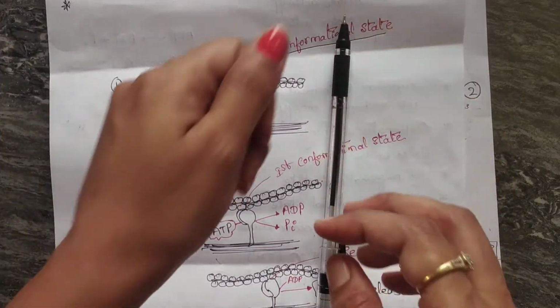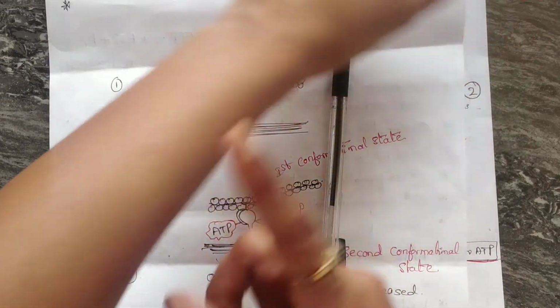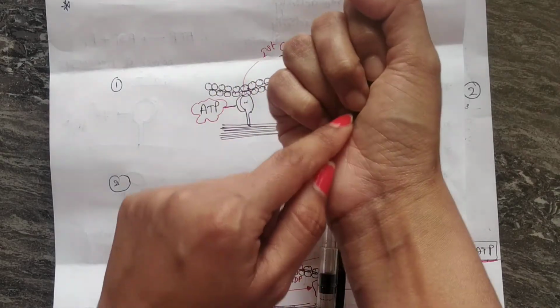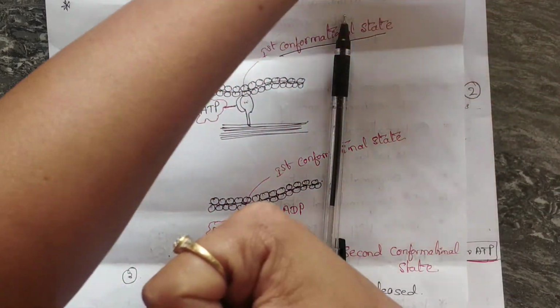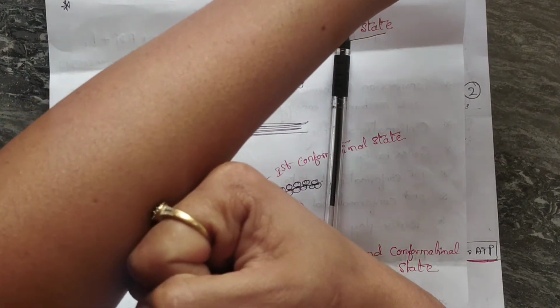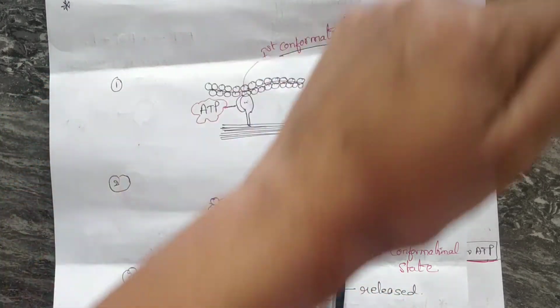Let me explain like this. This is the actin filament, this is the myosin filament, and this is the myosin head. At the start of the cycle, myosin goes and binds at a particular point. That state is called the first conformational state.